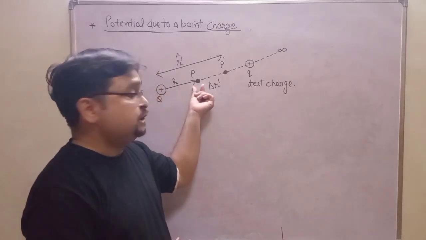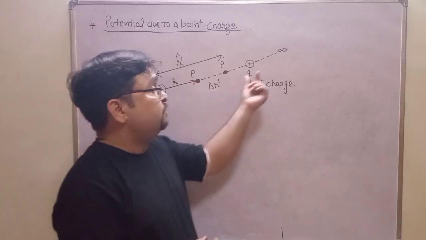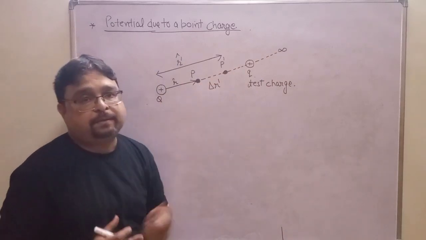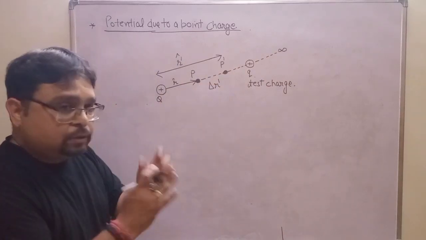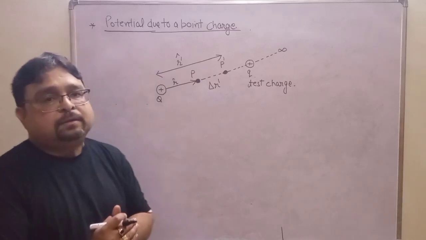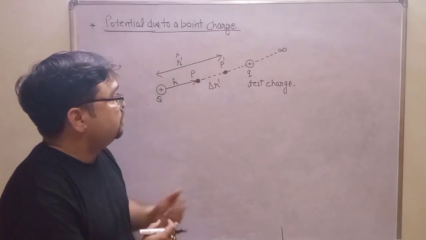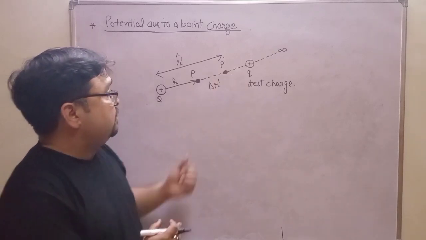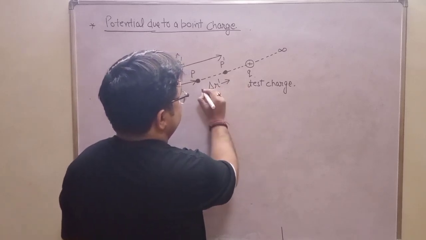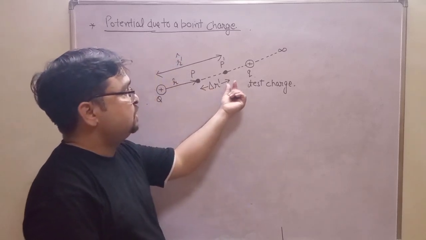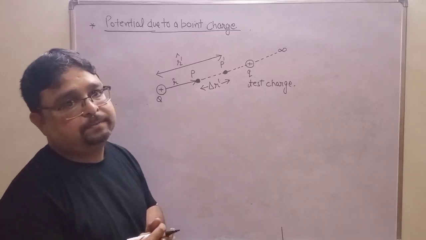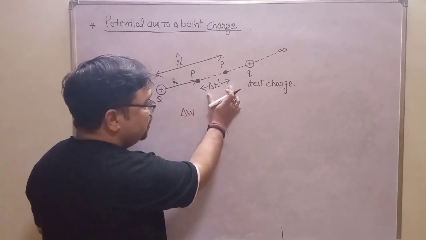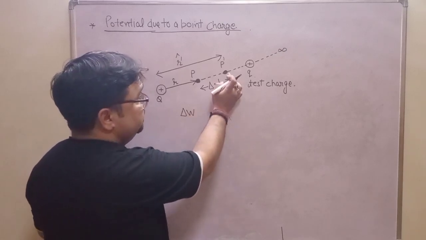If we want potential at this point, we have to find the work done in moving a test charge from infinity to this point P. To find the work done, we will take one intermediate point P dash, and firstly we will try to find the work done in moving test charge from P dash to point P.